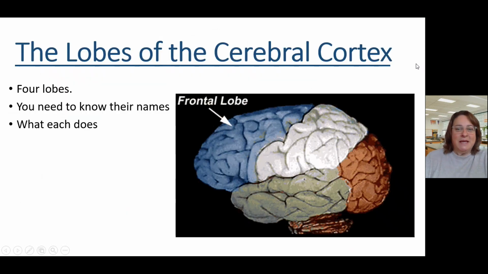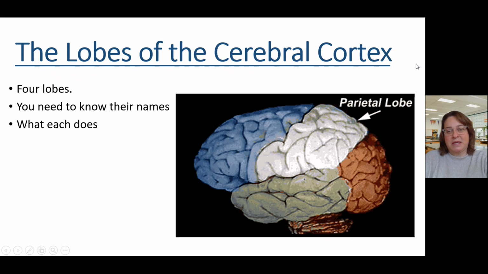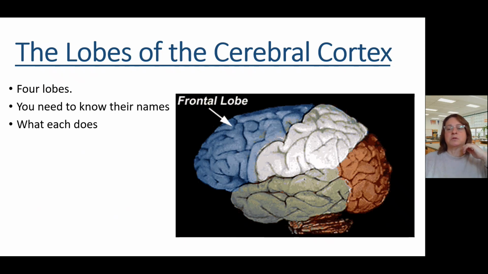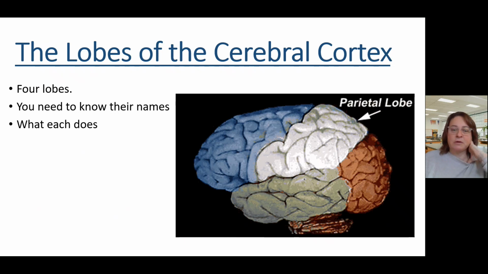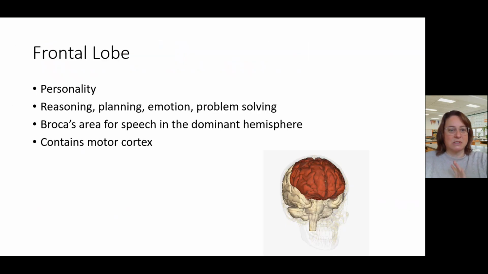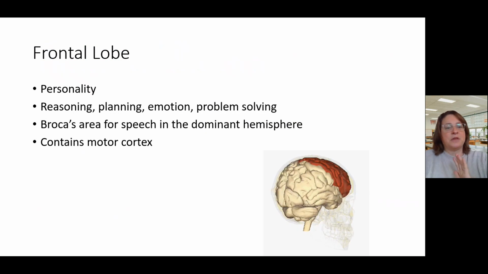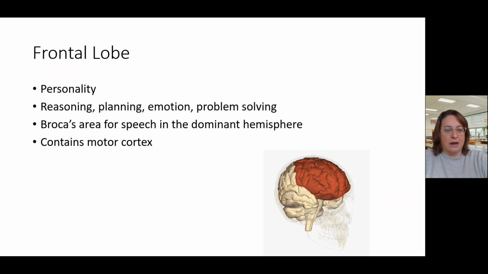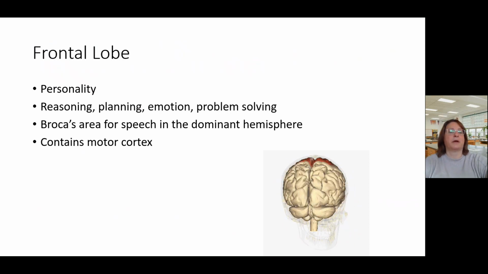So lobes, again, this is all going to be learning them by heart. A lot of this part of option neurobiology is just memorizing their names and what they do. So we're going to go in order, nice and slow. First one, the frontal lobe, front because it sits in the forehead area of your skull, your cranium.